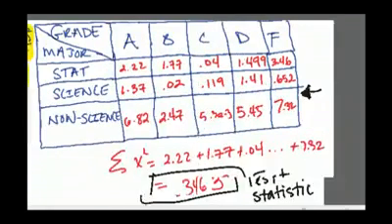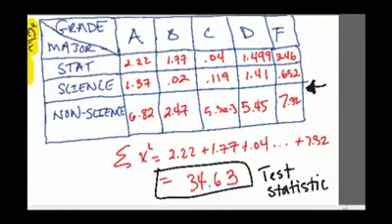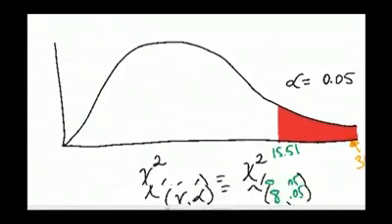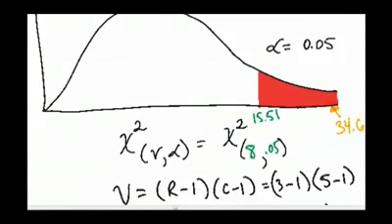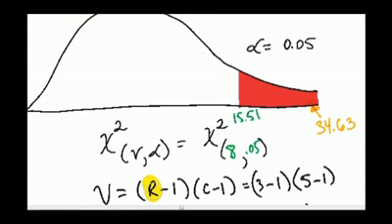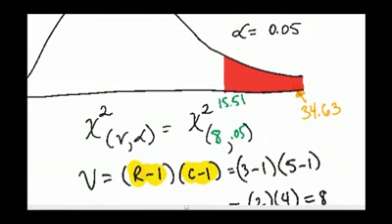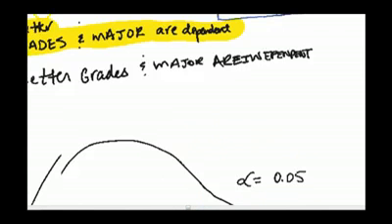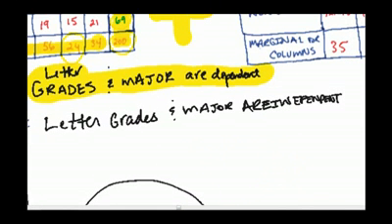You get this table, add them all up, and you get your chi-squared test statistic. Then you come over to your degrees of freedom, which is rows minus 1 times columns minus 1, which in this case gives you 2 times 4, which is 8. Alpha was 0.05. We were well in the rejection region, so they are dependent in this case.